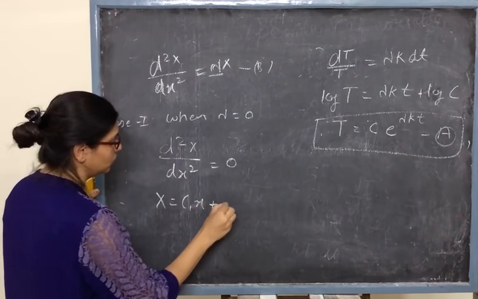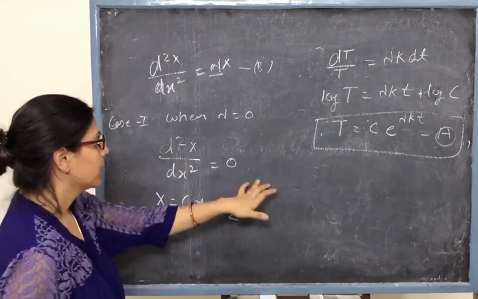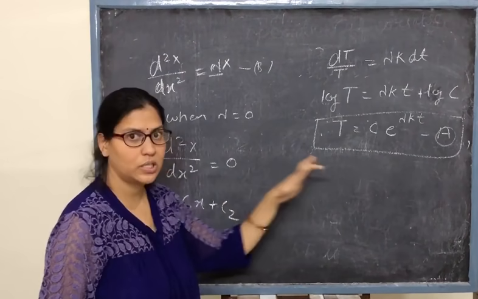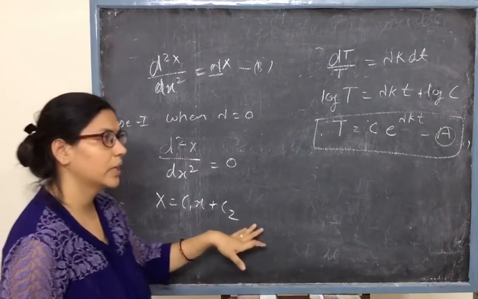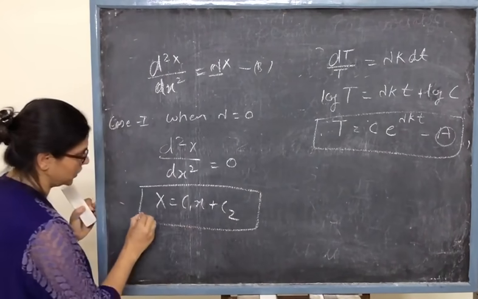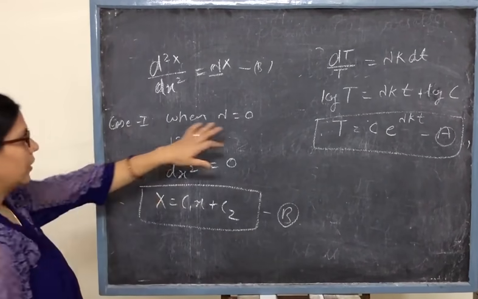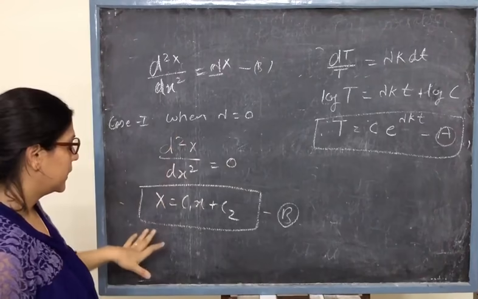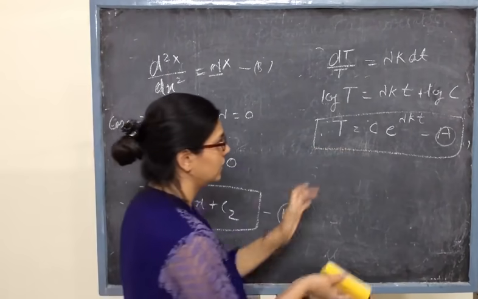When we integrate it the first time, dX over dx equals some constant c1, and integrating again, we get X equals c1 x plus c2. Then the equation has this solution, this is B. If our lambda is 0, then the equation has this type of solution. Now here T is always the same.